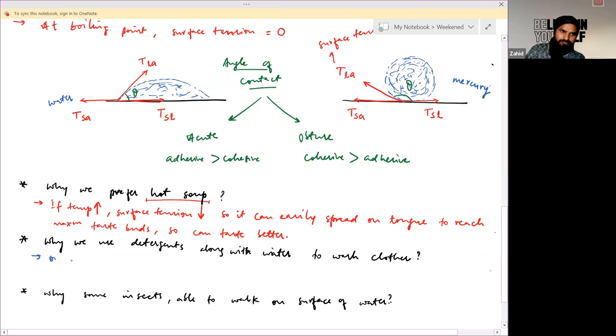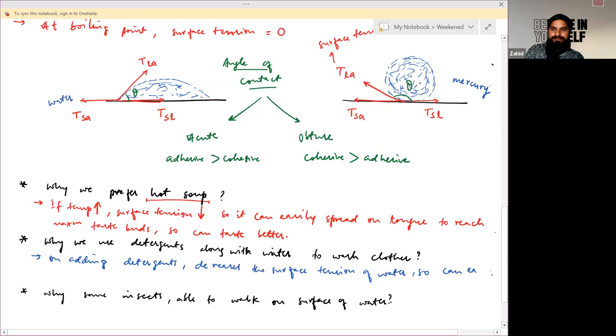So you'll say, adding detergents decreases the surface tension of water, so it can easily spread out over dirt to clean it up.